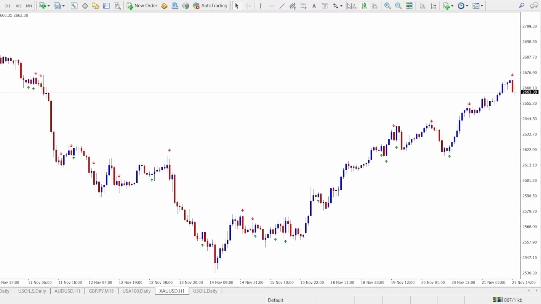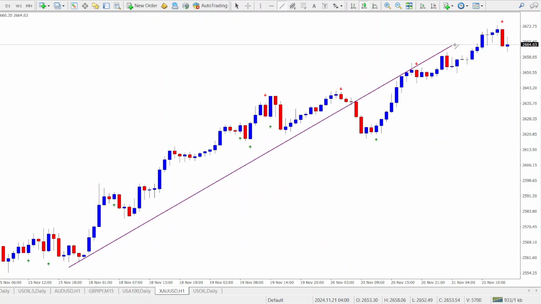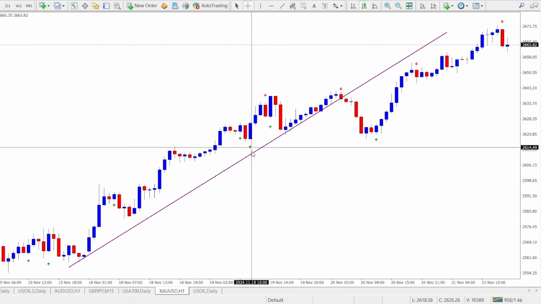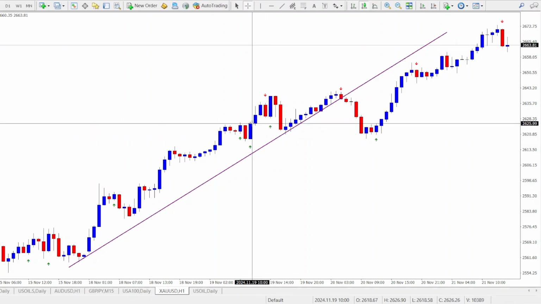For example, when we had this arrow form here, it was telling us that there is a bullish engulfing candle here. Since a bullish engulfing represents a buy continuation if it is a buy trend, and in this case this is a buy trend, or a bullish reversal if it was formerly a sell trend, after you spot this green arrow below, you can consider entering a buy trade.